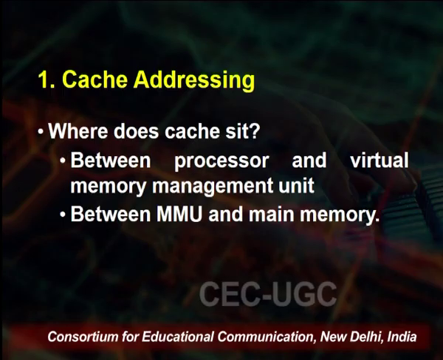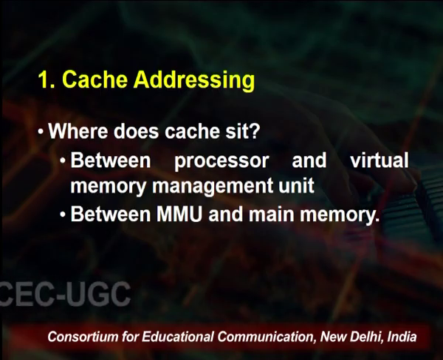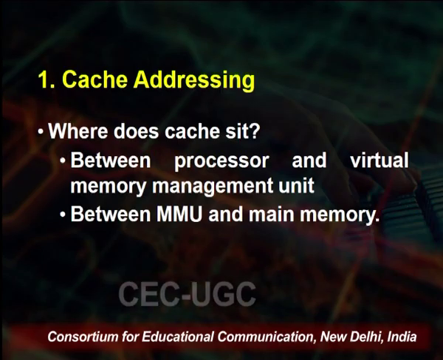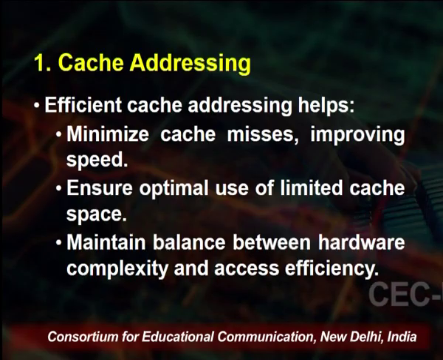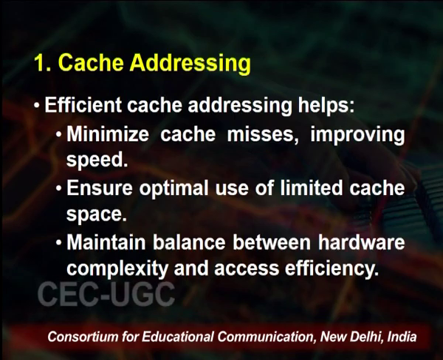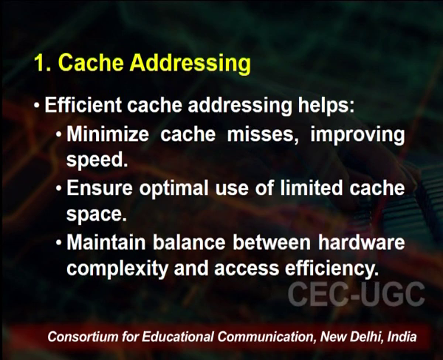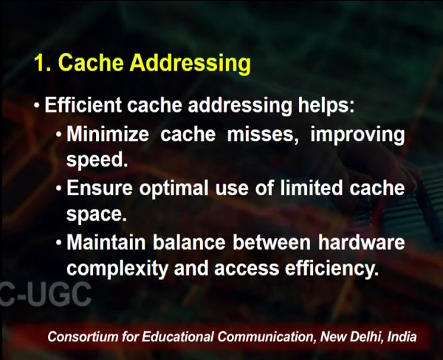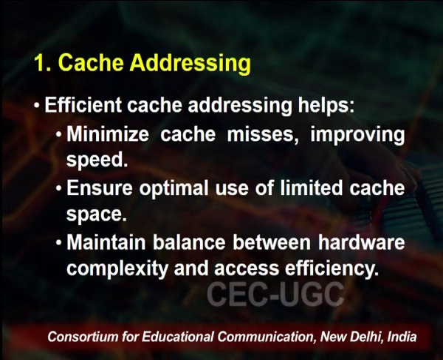I have been talking about something called the tag. Between the processor and the virtual memory unit, the cache is positioned and it interacts with both of them. Addressing helps reduce cache misses, improves the speed and uses the cache optimally. It maintains the balance between hardware complexity and access efficiency.